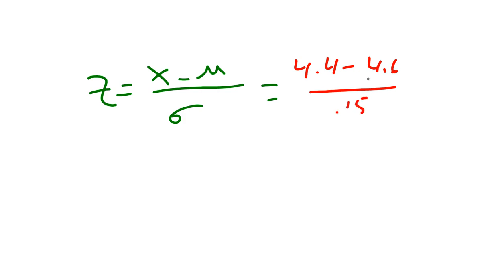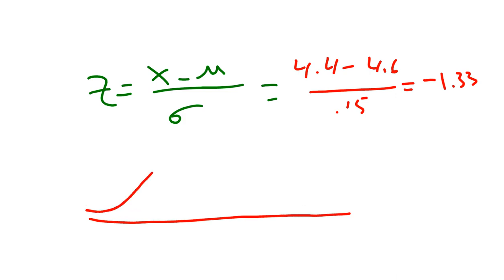And if we take a minute to do that, we get negative 1.33. So if this were going to be a normal distribution, then the mean of 4.6 would be in the middle.